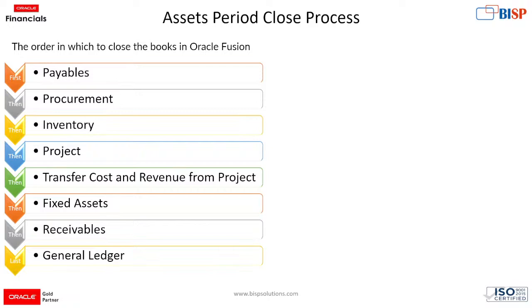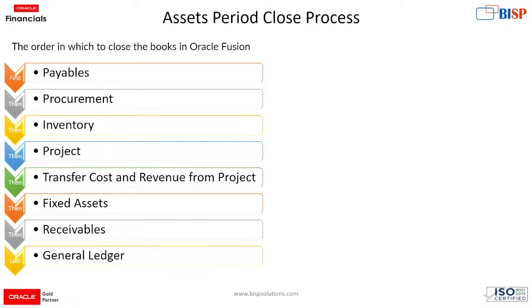Close payables before closing projects. This is to ensure invoices and expense reports are completed and transferred to projects. Now, close procurement before closing inventory. This is to allow miscellaneous transaction corrections in inventory.